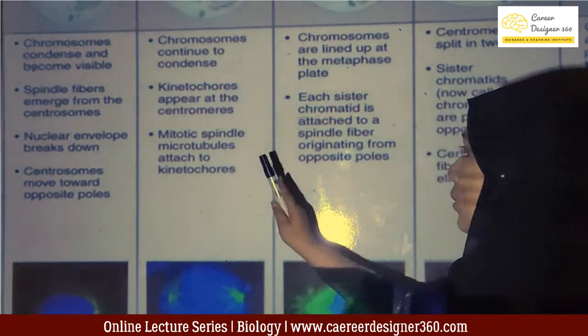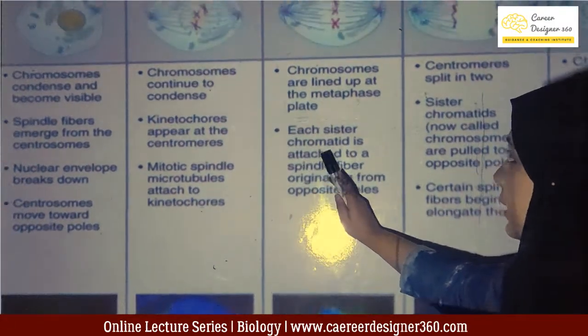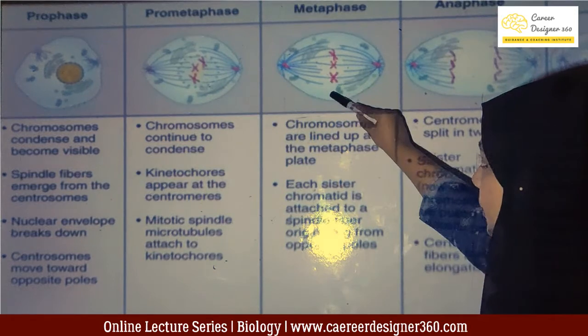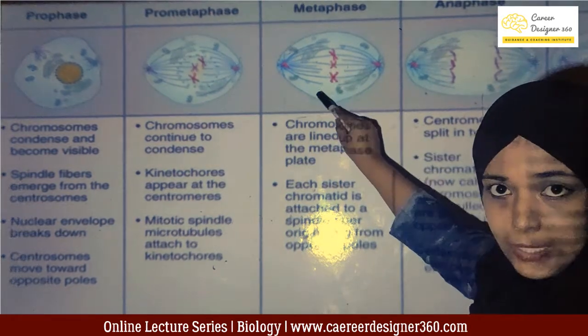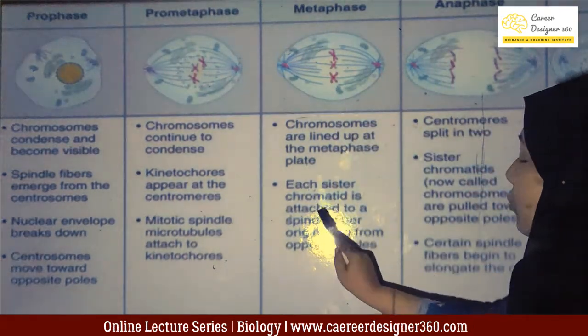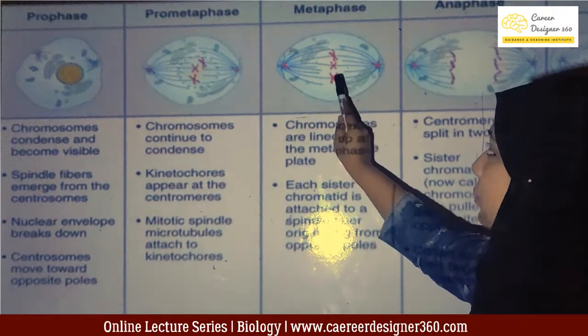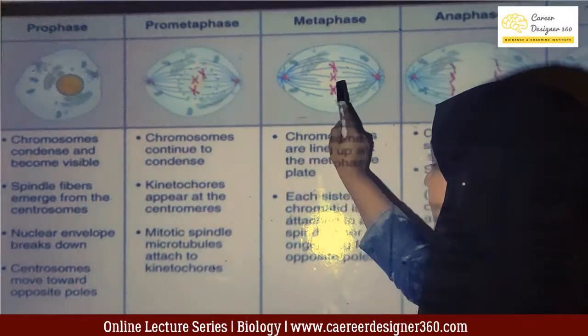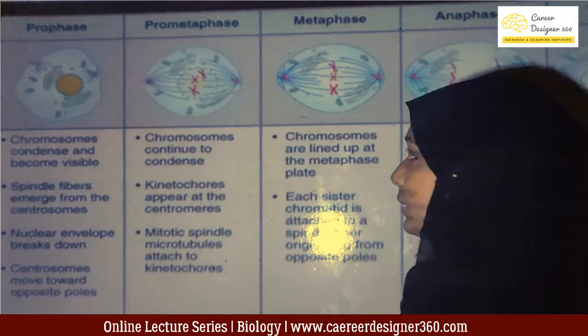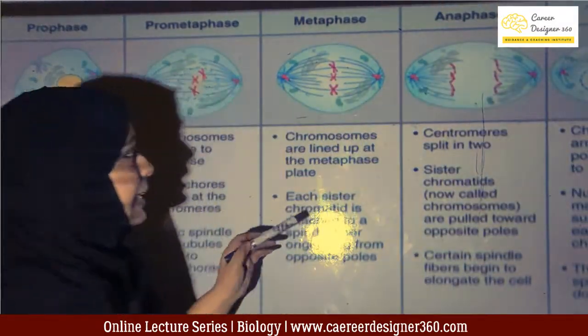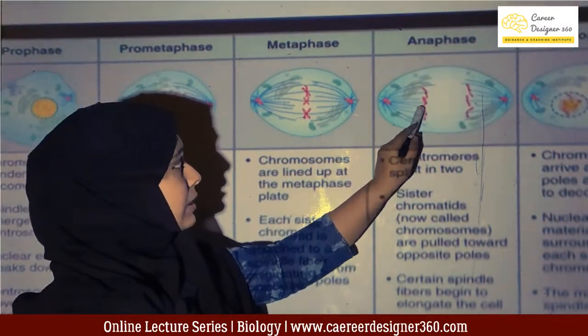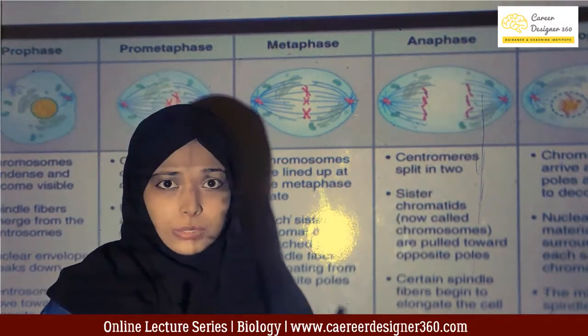Now the cells have reached metaphase, where the chromosomes have lined up together in one equatorial plane, and each sister chromatid has attached itself to the chromosome through the centromere.